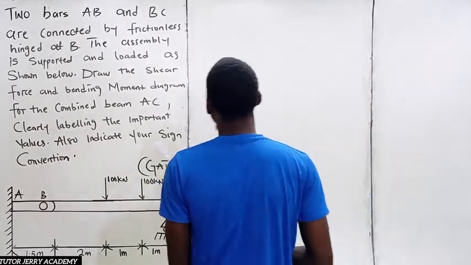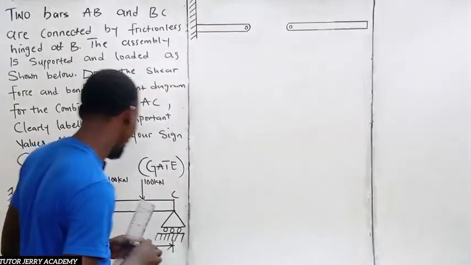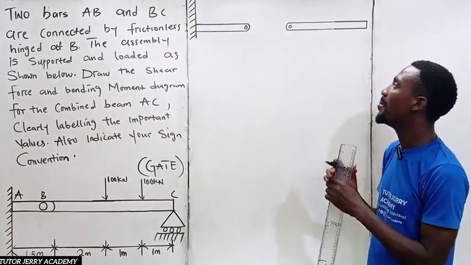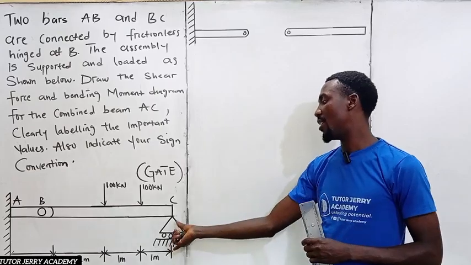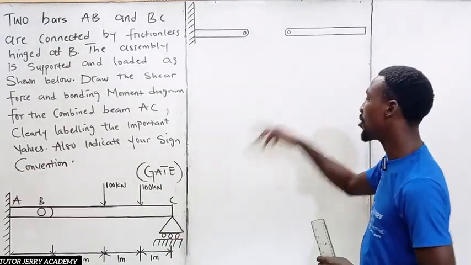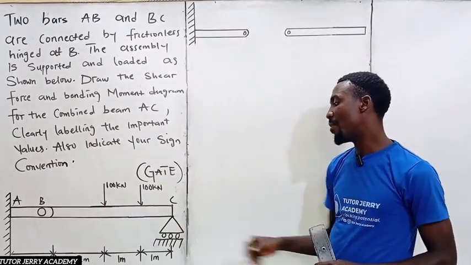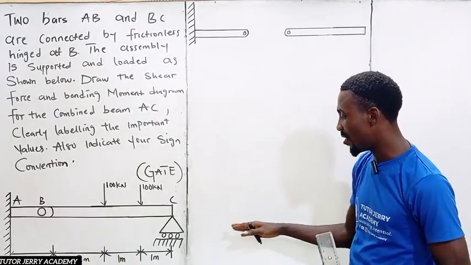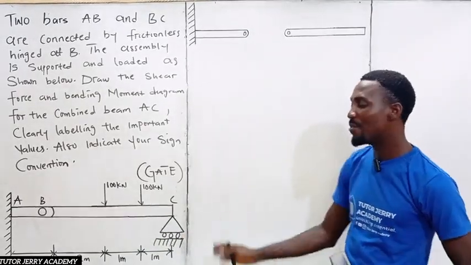So I'm going to be redrawing the diagram. This is what we are going to have if we break this beam into two parts. I will not be drawing this rolling support again, I'm just going to be drawing the free body diagram. The rolling support only allows movement in the X direction, but it prevents movement in the Y direction.